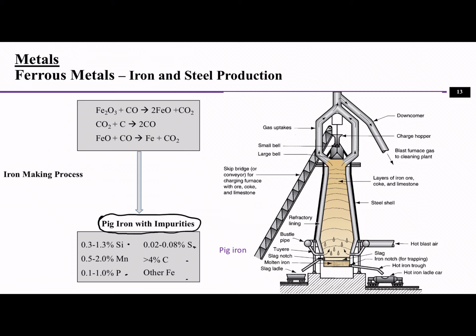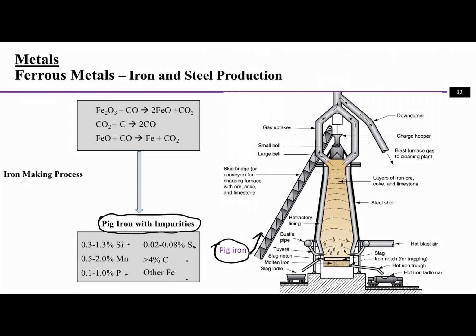For example, we can use oxygen to let them have some reactions and then get some slags, so those impurities will be gotten rid of. And so the general process is that the pig iron will be carried to the top, and then get into this shell.